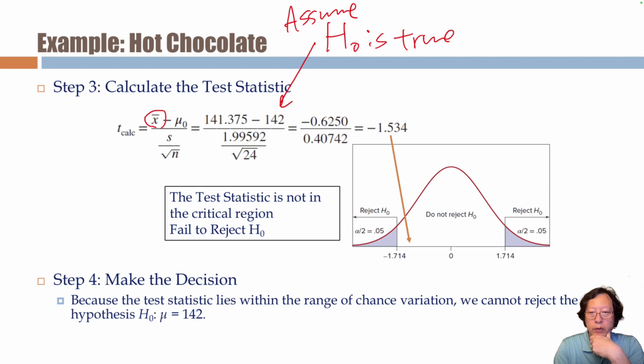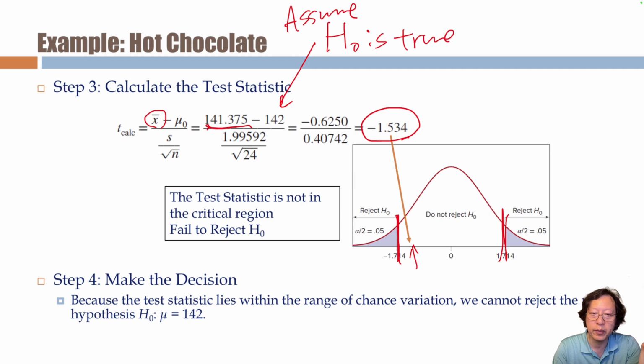If you calculate it, you will get minus 1.5. Minus 1.5 is here, which means this is not a rare case. I mean, it's not rarer than the critical point, right? Which means maybe it's different, but our evidence is not strong enough.